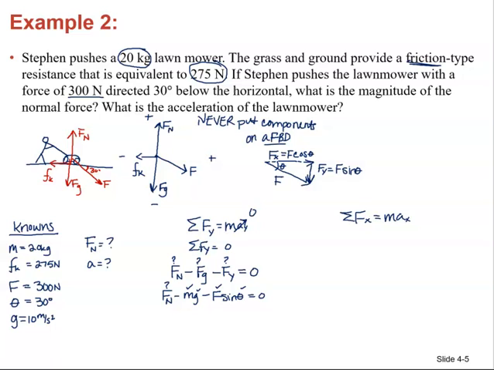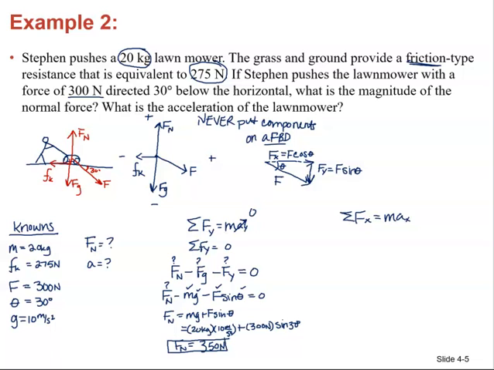We now have enough information to solve for our normal force. So the normal force is equal to mg plus F sine theta. Plugging in numbers, we have our 20 kilograms times 10 meters per second squared plus our 300 newtons times the sine of 30 degrees, and our normal force will equal 350 newtons.